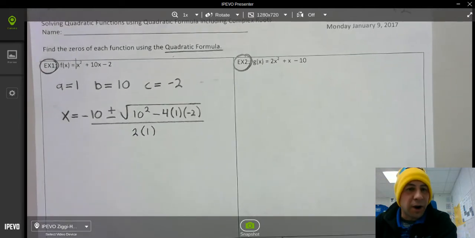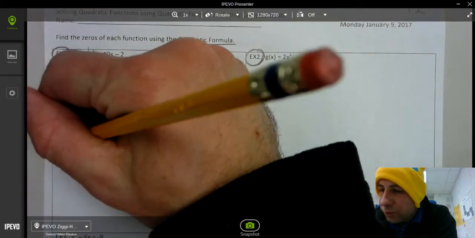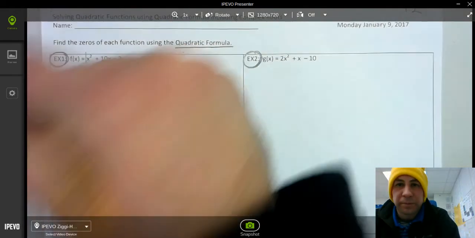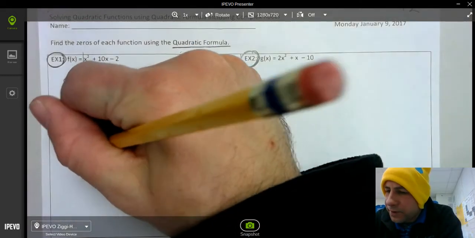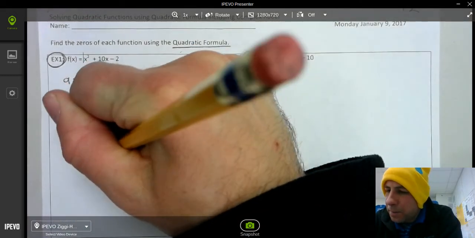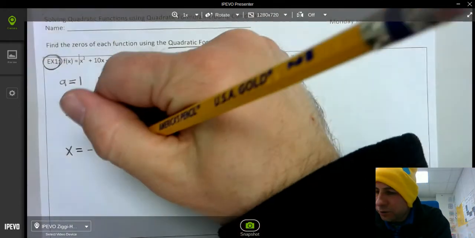All right, so now x equals negative 10 plus or minus the square root.